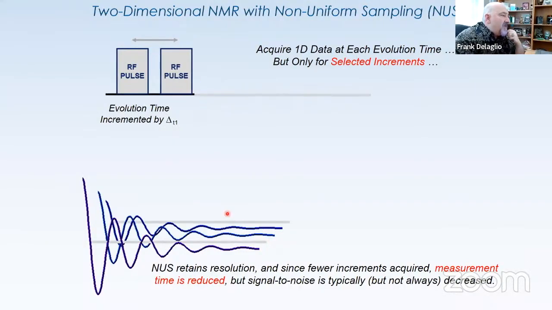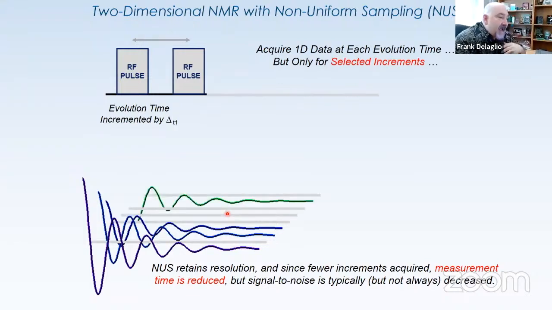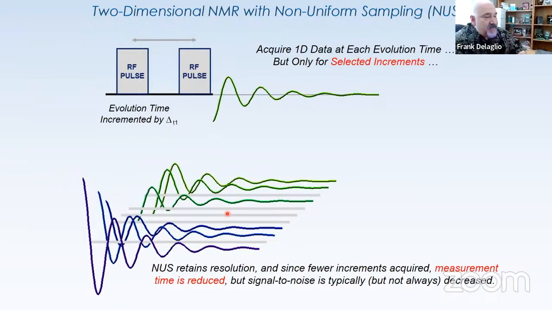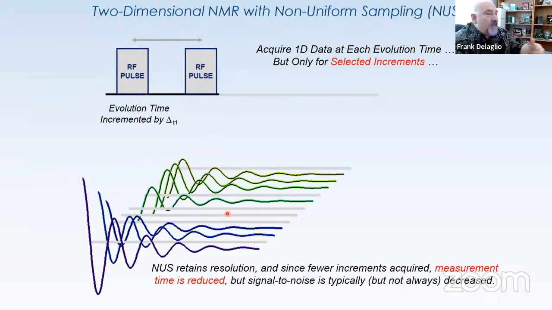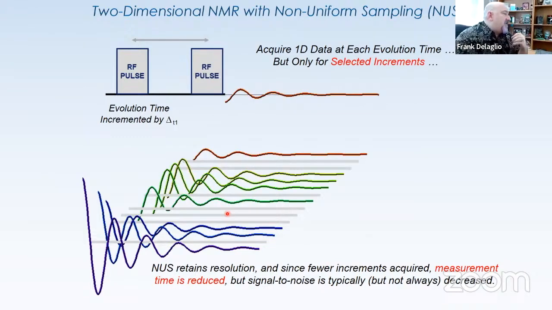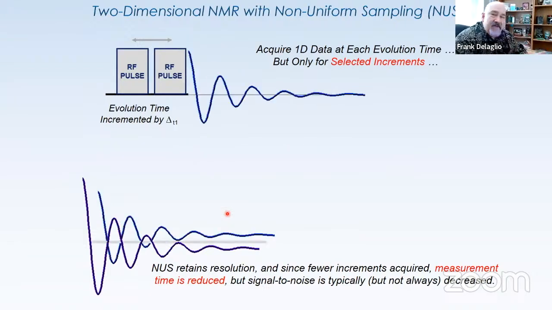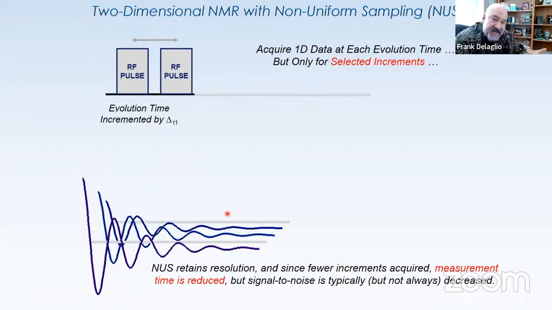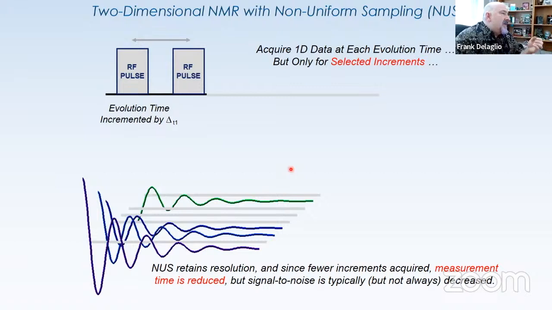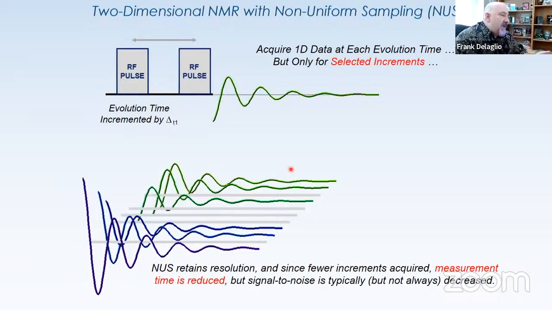Now, these multidimensional experiments are time-consuming because we have to measure a whole series of individual one-dimensional NMR spectra. And so one of the tools that we can use to potentially decrease the measurement time of a two-dimensional sample is a method called non-uniform sampling.